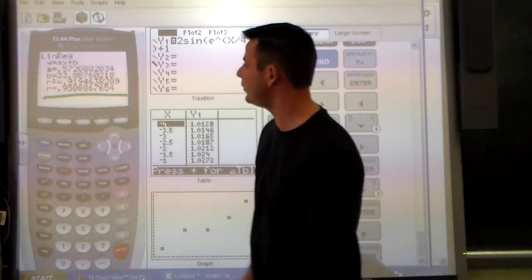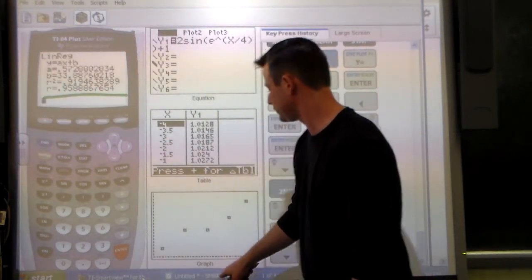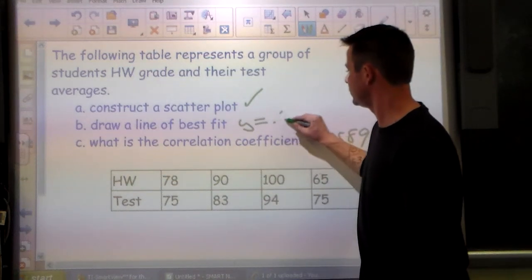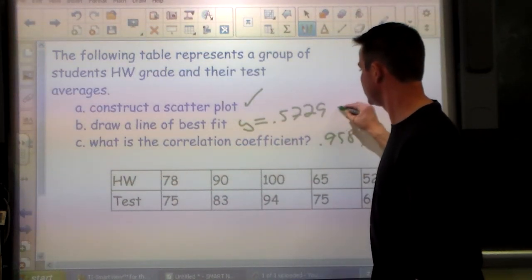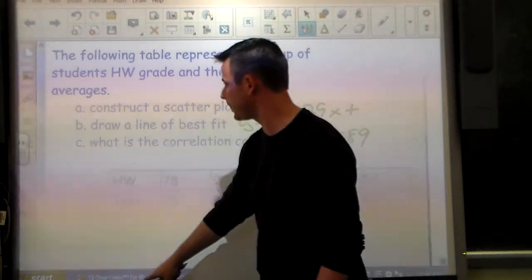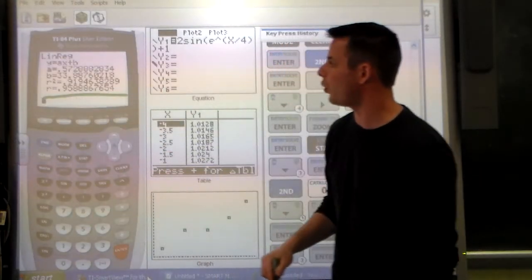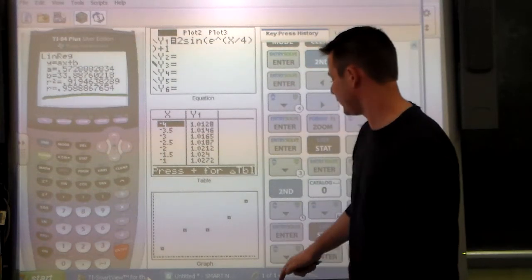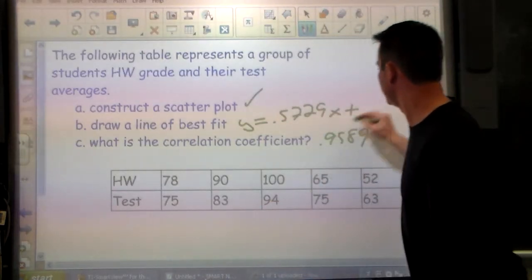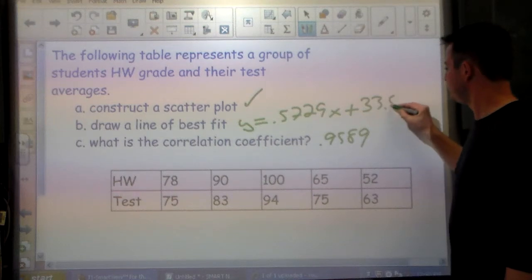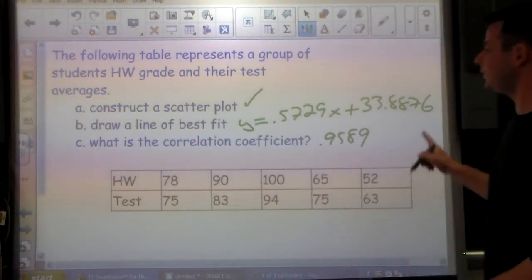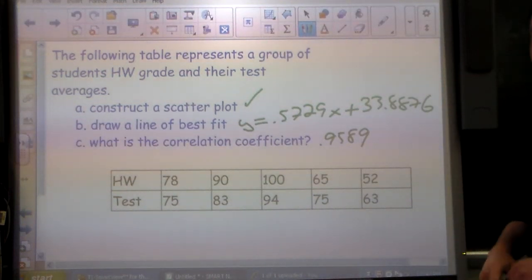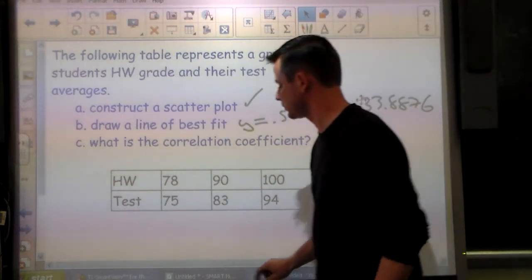So a is 0.5729. X plus b. And b is given as 33.8876. So this is the value I'm going to put into my calculator in my y equals.